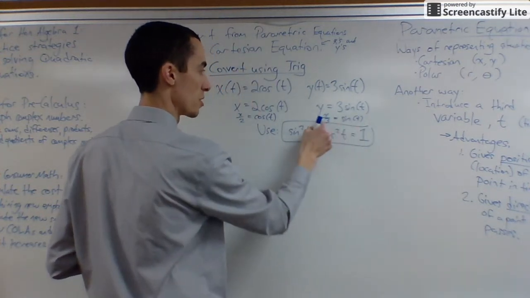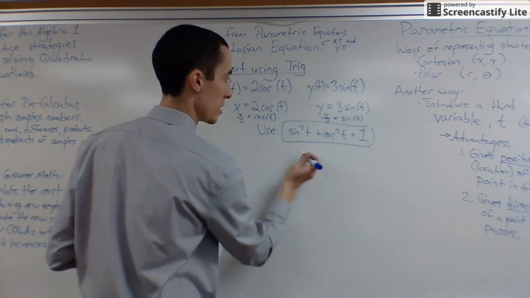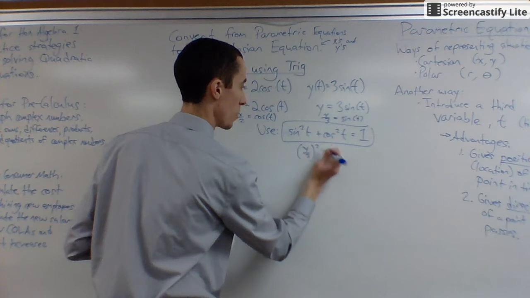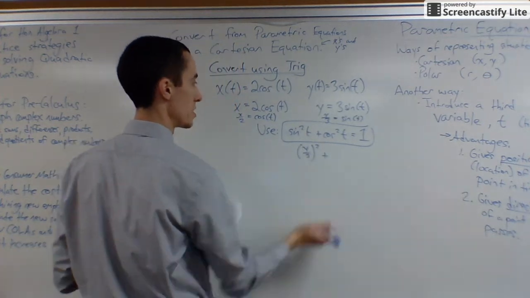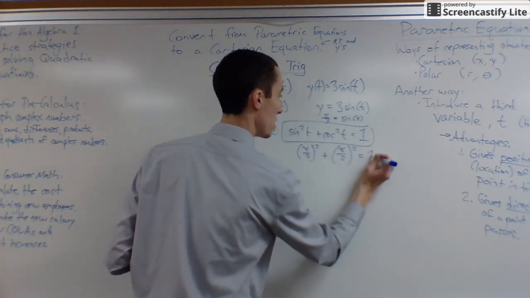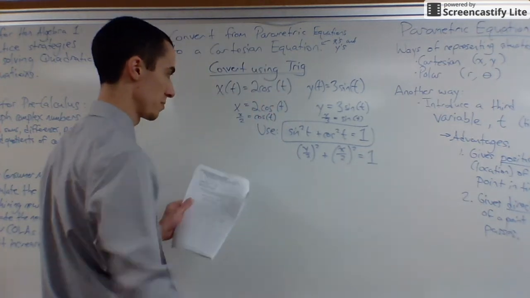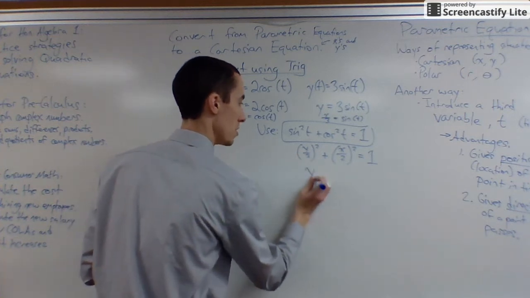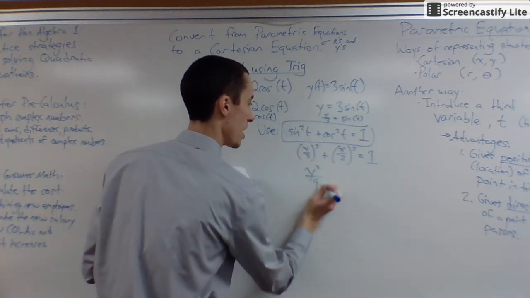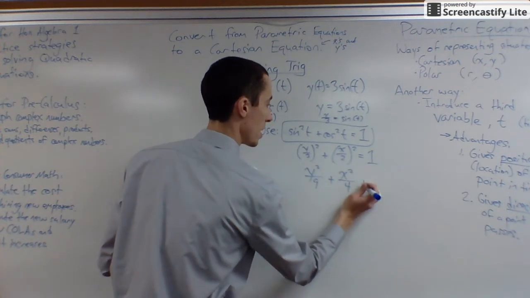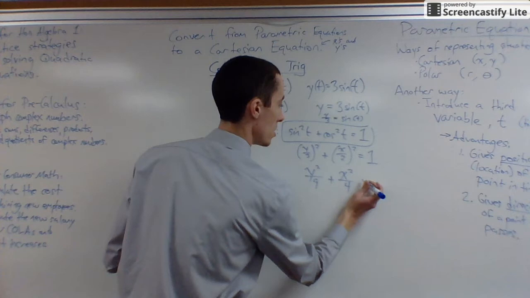Sine of t is y over 3. So substitute that in place of sine: (y over 3) squared. Cosine is x over 2. So we have (x over 2) squared equals 1. y over 3 times by itself makes y squared over 9. Similarly, over here, we get x squared over 4.